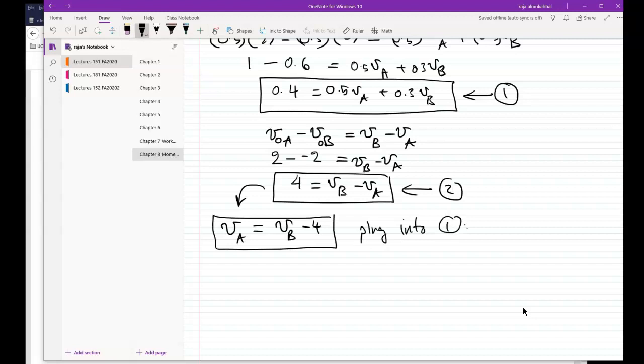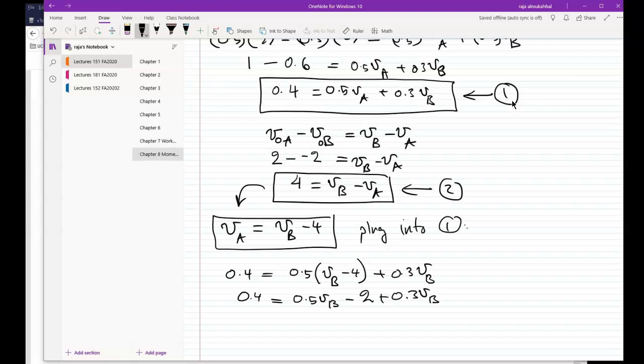So in this case, 1 becomes, this one right here, that's going to become 0.4 equals 0.5 VA, and VA is equal to what? Let me just fix it. VB minus 4 plus 0.3 V sub B. Clean it up a little bit: 0.5 VB minus 2 plus 0.3 VB, and that's 0.4 here.